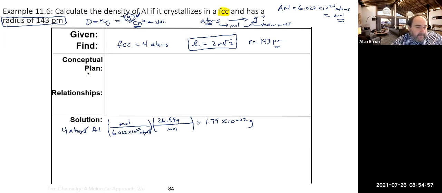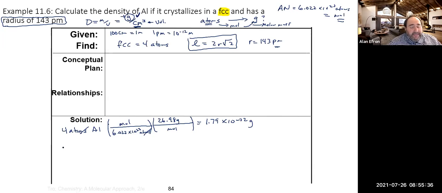Another important relationship is that there are 100 centimeters in a meter, and pico is 10 to the minus 12, which means in 1 picometer there is 10 to the minus 12 meters. You could do that conversion up front or in the middle, but somewhere along the way you need to do it.